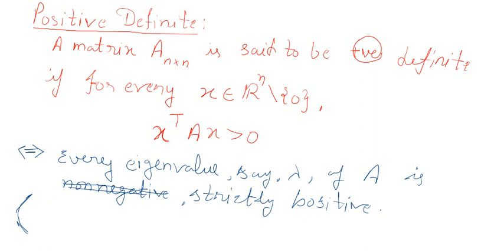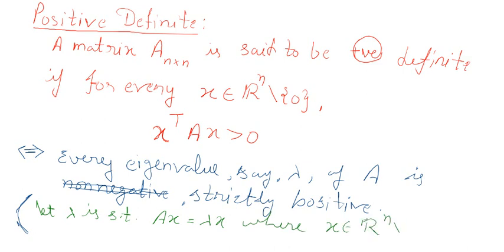Let lambda be such that Ax equals lambda x, so x is said to be an eigenvector, where x belongs to Rn minus 0.